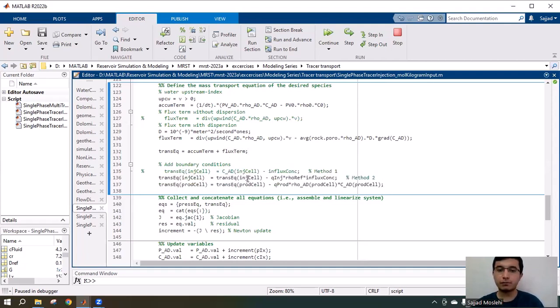The transport equation for the injection cell minus the injection flow rate multiplied by the density of the injection water, which is actually the density of water at the reference pressure. It depends on what density you're going to consider for the injection water.